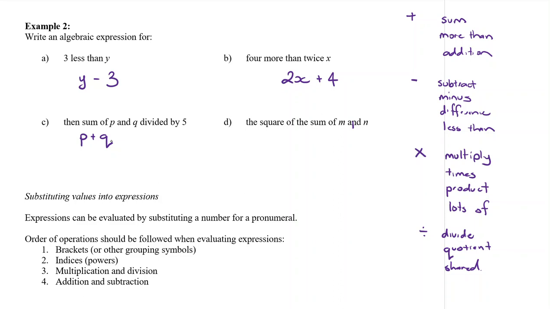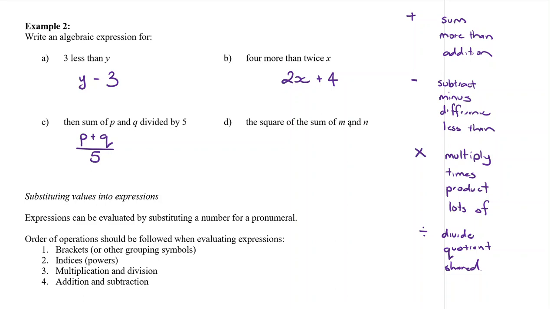What do we use? Fractions. So all of that has to be divided by 5. And D, the square of the sum of m and n. Now square is not one of our main four. What does it mean to square something?